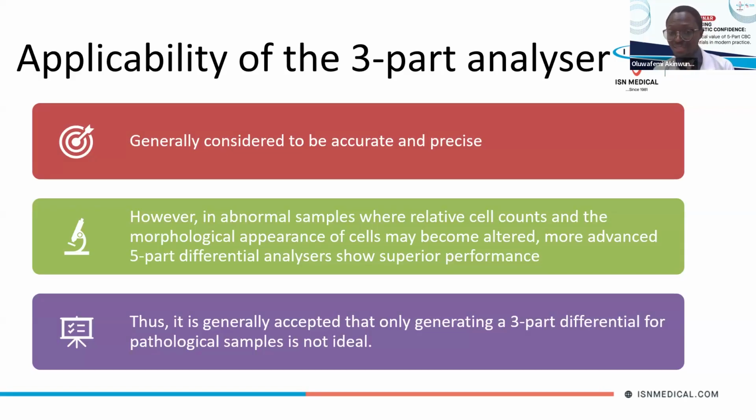Thus, it is generally accepted that only generating a 3-part differential for pathological samples is not ideal. In this age and time, hardly would a doctor want to entertain just a 3-part differential, because a lot of things can be missed if you're relying on it alone. But we're going to make some comparison in some of the later slides.